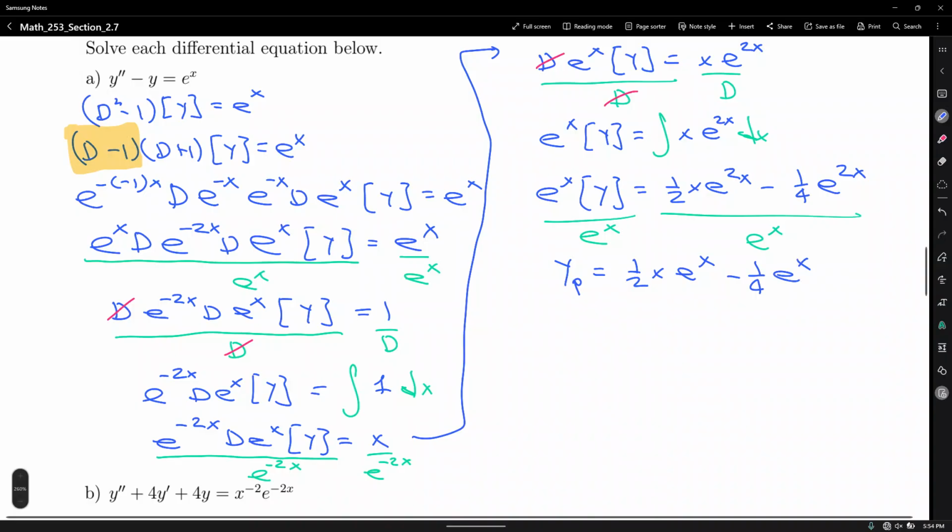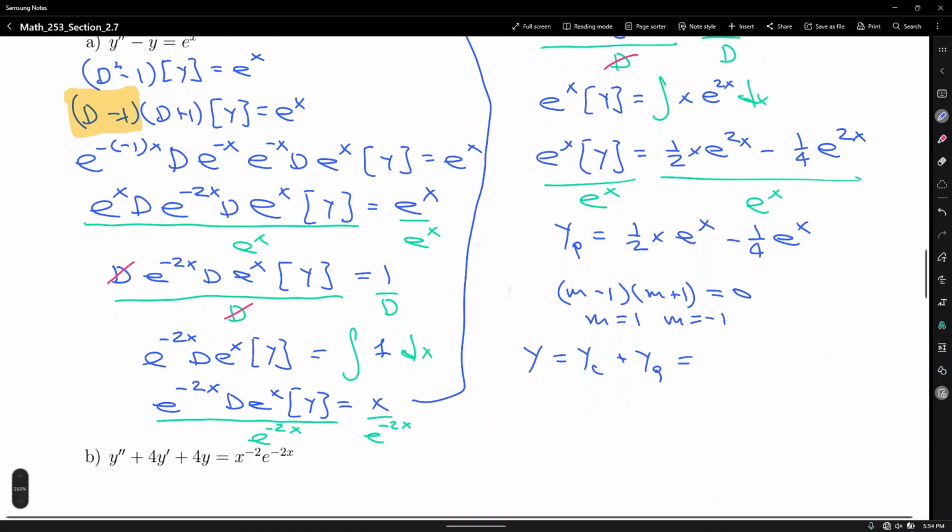Guys, the y homogeneous, you can simply use the polynomial in D, turn it into a polynomial in m: (m minus 1)(m plus 1) equals 0, and m equals 1, m equals negative 1. So y would be the y homogeneous, I mean y sub c plus y sub p.